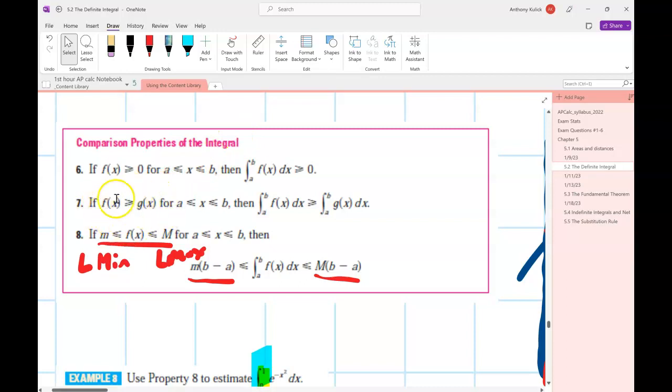If you have one function that's always above another function, the area under the function on top has to be bigger than the area under the function underneath. And if you take the local minimum and the local maximum over some interval, the rectangle with the local minimum as the height and the rectangle with the local maximum as the height give a lower and upper bound for your integral. That's all these things are saying.